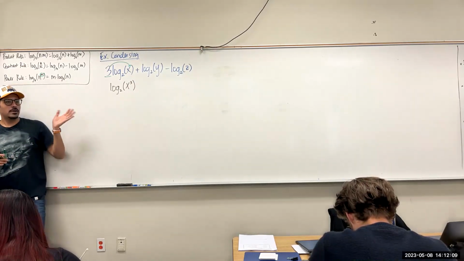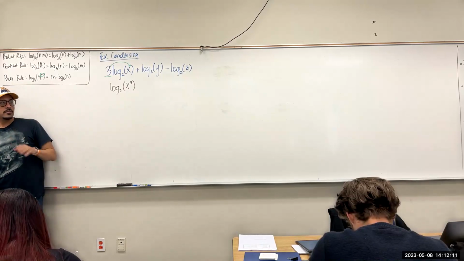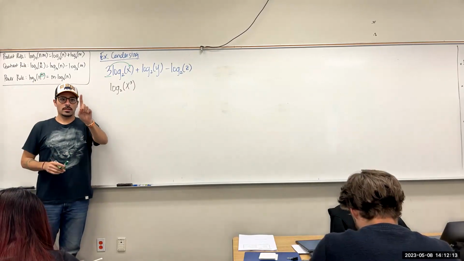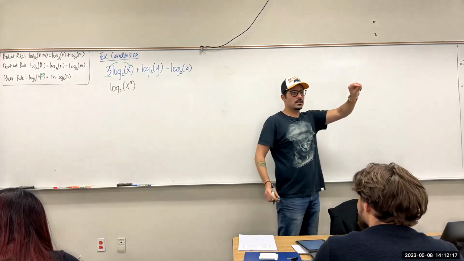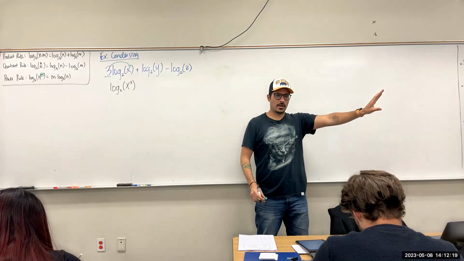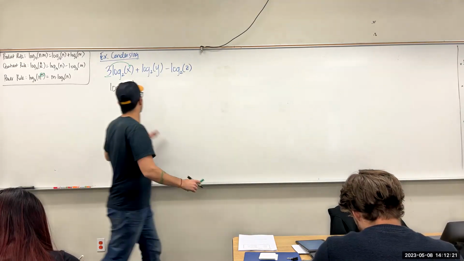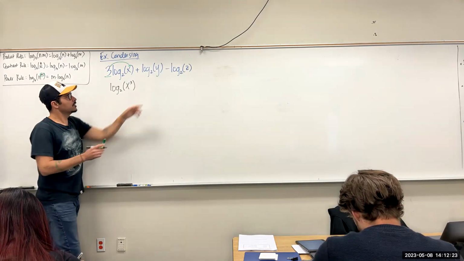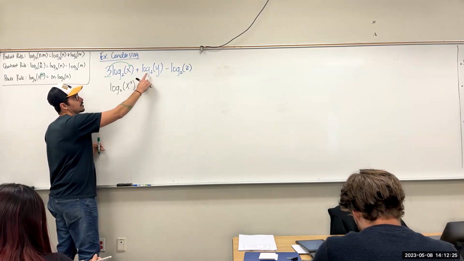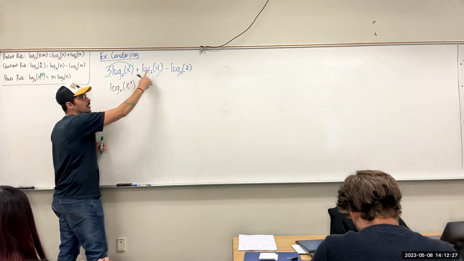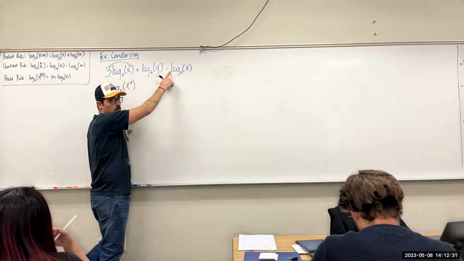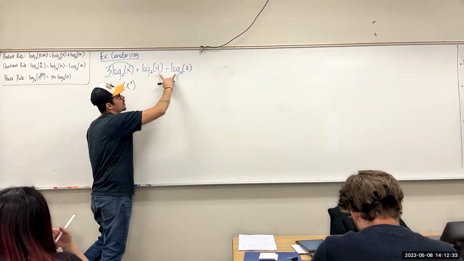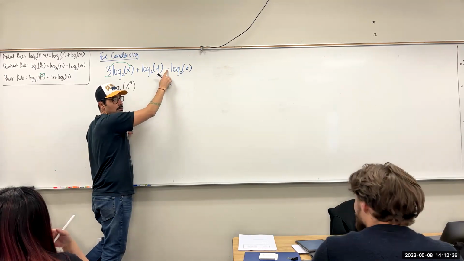And then here at this point is your style, okay? Some students like to do only one rule at a time. So I want to do all the power rules, and then all the product rules and so on. So how do I do a power rule here? There's no number in front, so you want to do the quotient rule instead. So we would see that minus right there.